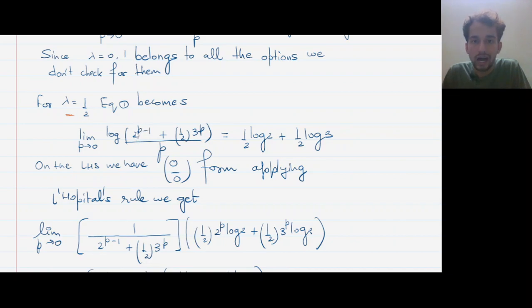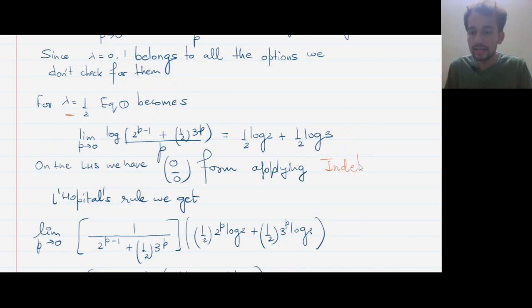It will be 1/2 plus 1/2, and 3 raised to the power 0 is 1. So in the argument of log it will be 1, and log 1 is 0. That's why it is a 0 by 0 form, which we know is an indeterminate form.